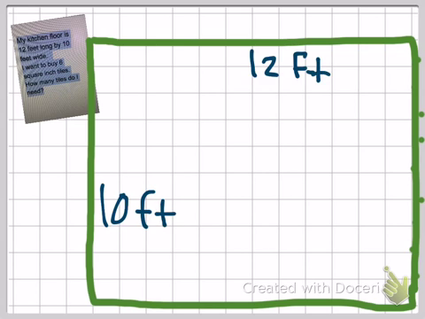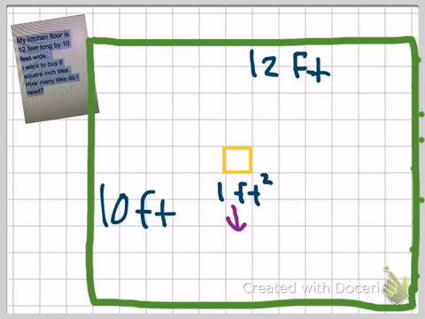Okay? Now before we talked about how our tiles were 1 square foot, but now they're 6 inches. Let's switch colors here. And what do we know about the relationship between 1 foot and 12 inches?